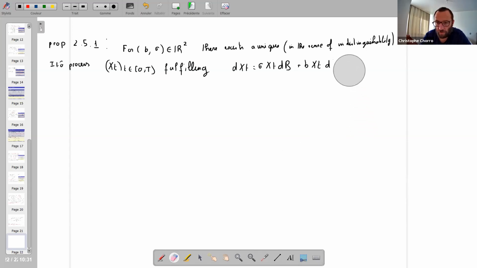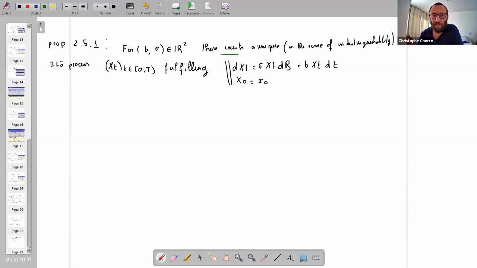And of course, as with any differential equation, if I want uniqueness, I need to fix the initial condition to be equal to x0. So there exists a unique one.